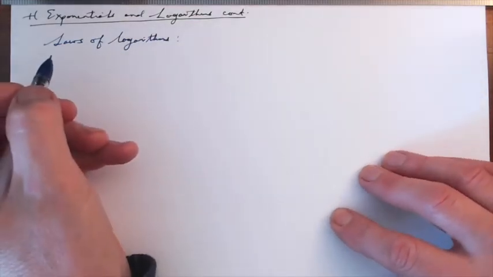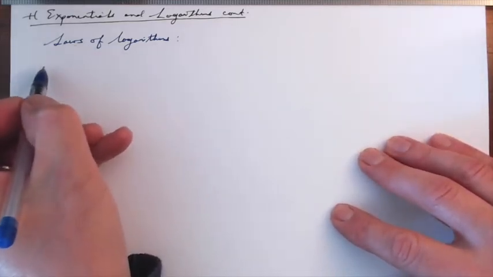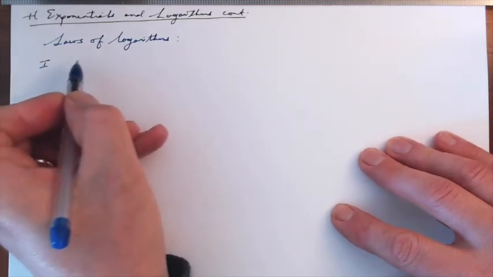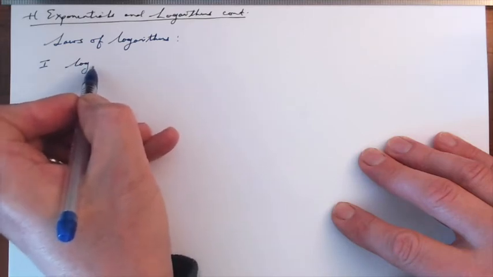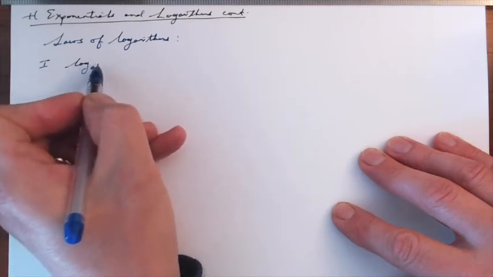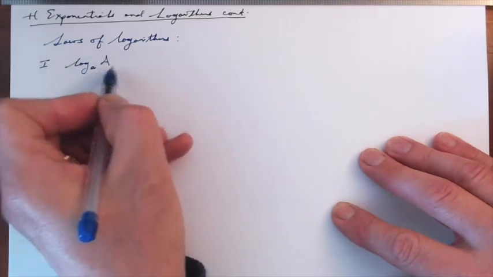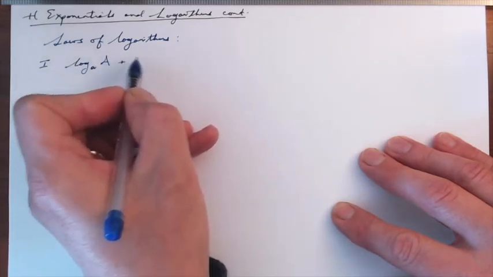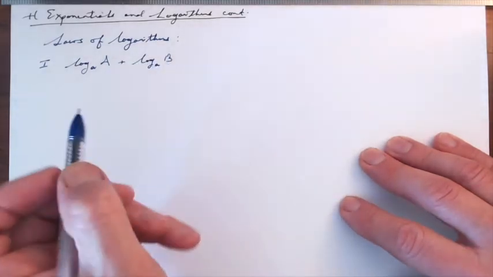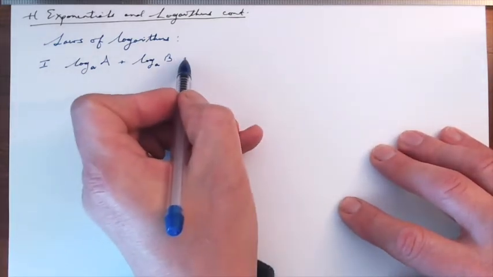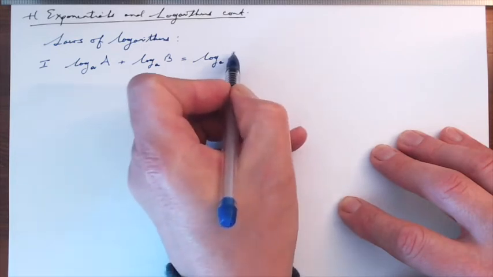And we'll just use a generic base a for these logarithms. These laws hold for any base. And the first law is the following, that if you have two logarithms to the same base, log base a of some number a plus log, again to the same base but of some other number b, then this can be written as a single logarithm of the product.